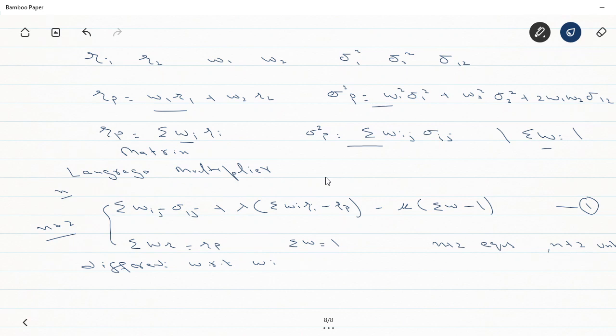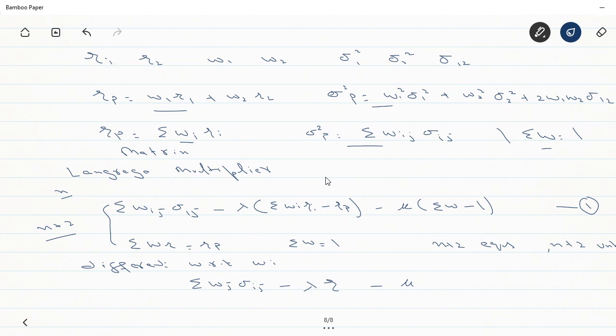Ultimately we'll get the thing after differentiating as summation Wj sigma Ij minus lambda r minus mu.